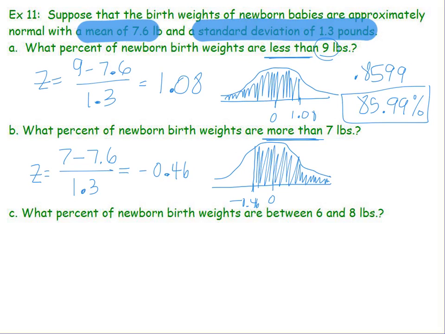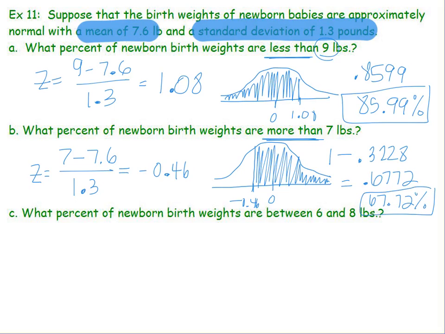Go down to negative 0.4, go across to the 6 slot, and I get 0.3228. But remember, I said if it shades to the right, you have to take 1 minus, always. That gives me 0.6772, which is 67.72%.